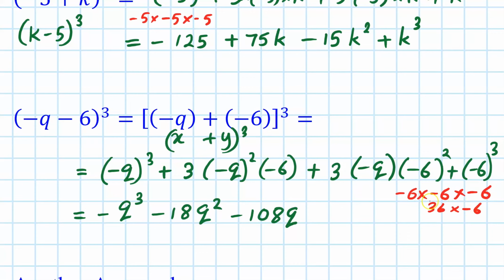Let's forget the negative for the time being. 36 times 6, 216, but negative now. Okay, that's your final answer.